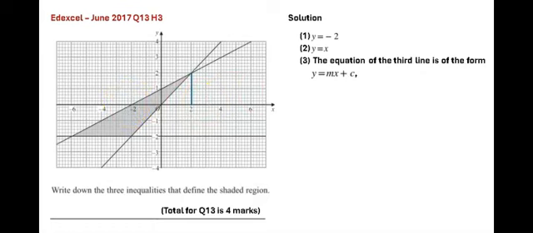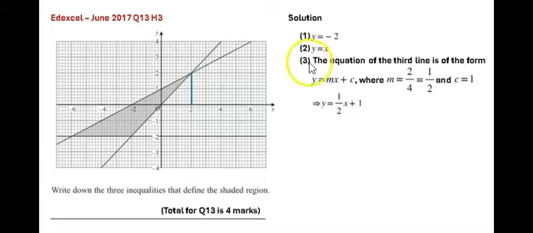So in this case, m equals 2 over 4, which gives m equals 1 over 2. For c, you can note that it's one unit from the origin in the positive direction, so c is 1. So the equation of the line is y equals 1 over 2 x plus 1.